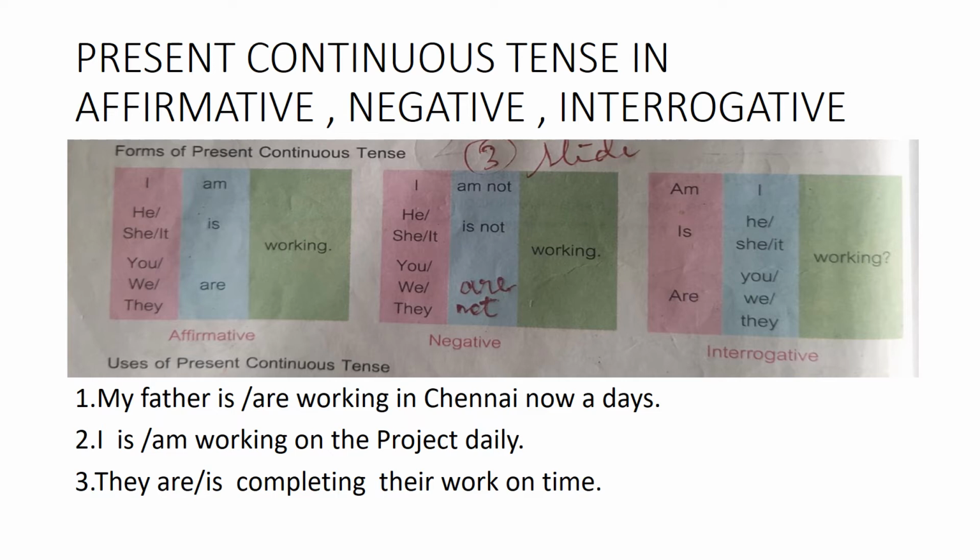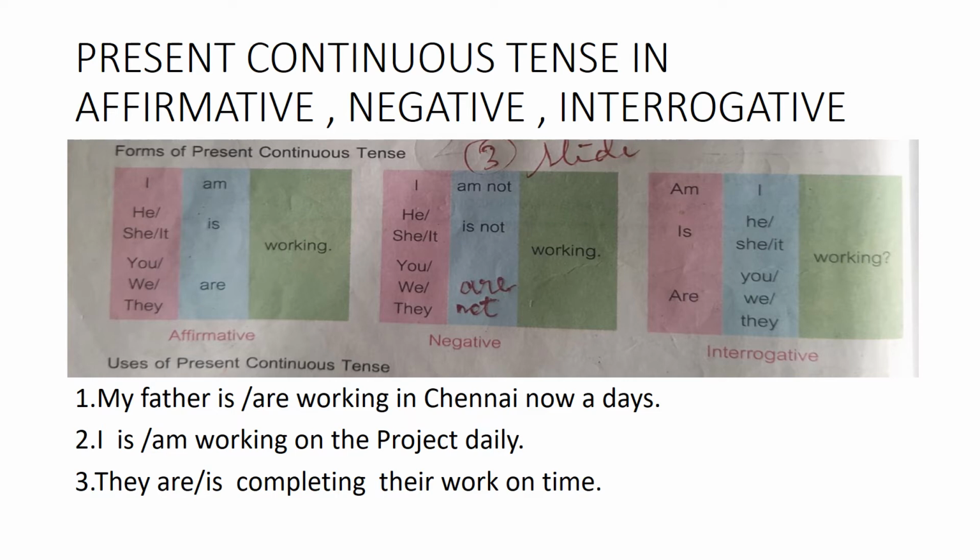Students, let's begin with affirmative sentences. Number 1, my father is working in Chennai nowadays. In sentence 1, the subject, my father, agrees with the verb is working. Correct sentence is, my father is working in Chennai nowadays.